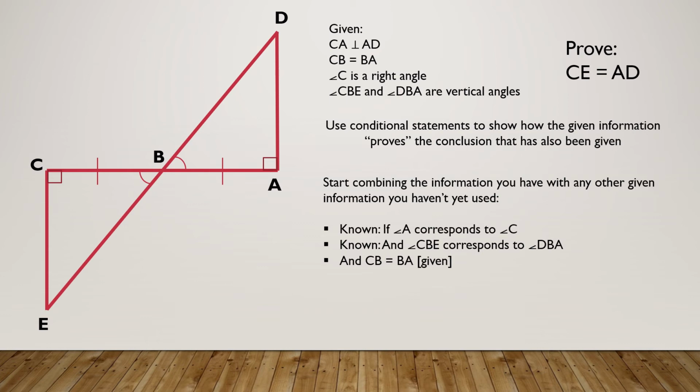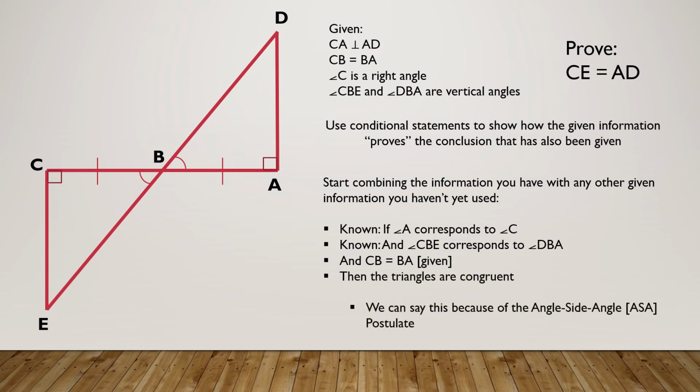When you look at that image on the left, I hope that something's jumping out at you. And what should be starting to jump out is that we have two angles that correspond to each other in each of these triangles with a side in between those angles that also corresponds to each other. And when that happens, we can say that those two triangles are congruent, and we can say they're congruent because of the angle, side, angle postulate.